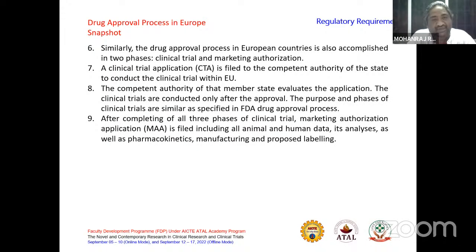Similarly, as in the US, a drug for approval has to undergo both the process of clinical trial and marketing authorization. The purpose and phases of clinical trial are the same as US FDA: preclinical, phase 1, phase 2, phase 3, and phase 4.